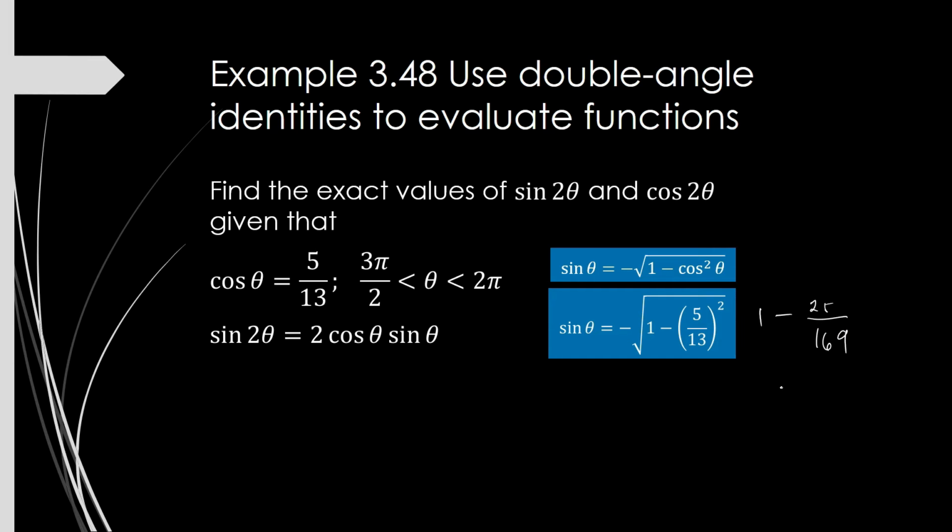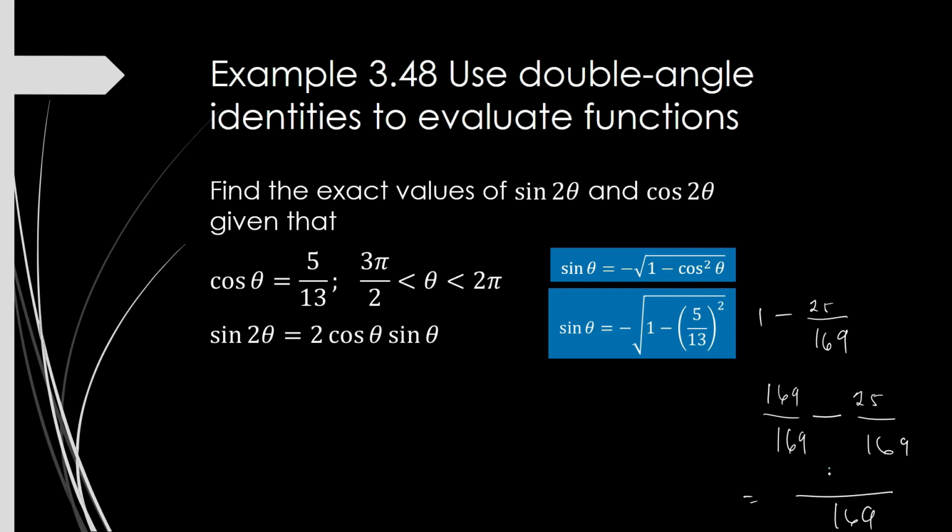So do you know how to simplify this? What I do to simplify this is I write 1 as 169 divided by 169, and then I just copy this. And it's easier to simplify this because you know that when the denominator is the same, you will just copy it. And then 169 minus 25, what is that?